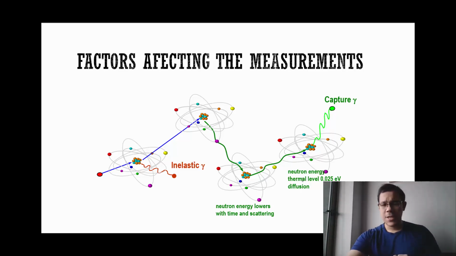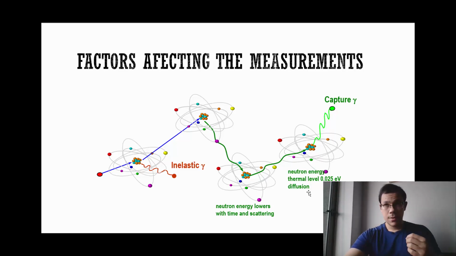Also, other neutrons, once they reach the thermal level, will continue to interact with the formation, and some of them will be captured by an atom and create a gamma ray.